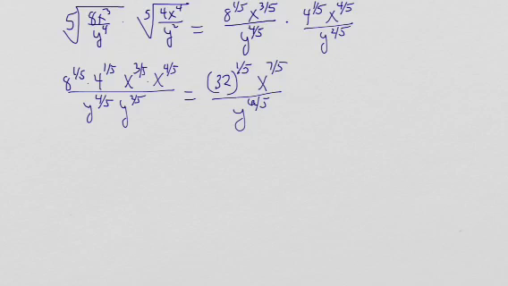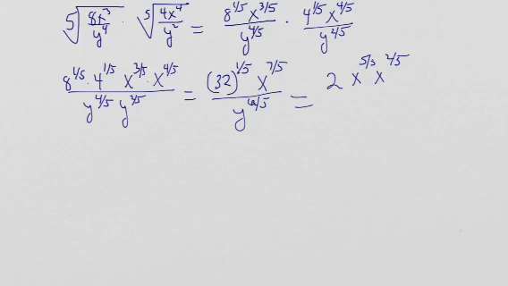Okay, now I want to break away any whole exponent, any integer exponents that I can. First of all, 32 to the 1/5 I know is 2, because 2 to the 5th is 32. So I get 2. And then x to the 7/5 can be rewritten as x to the 5/5 times x to the 2/5.